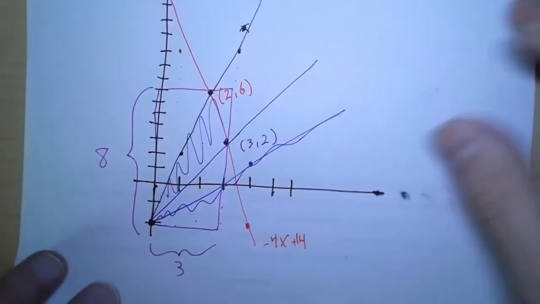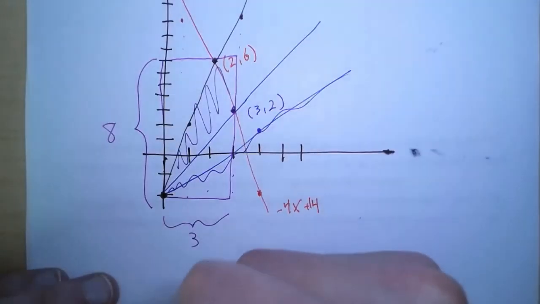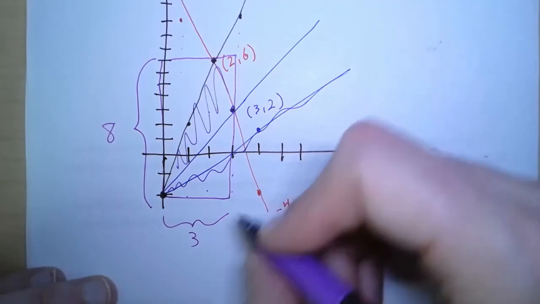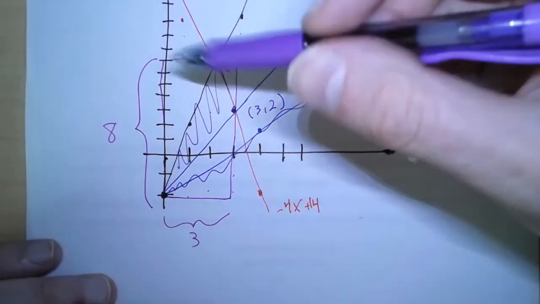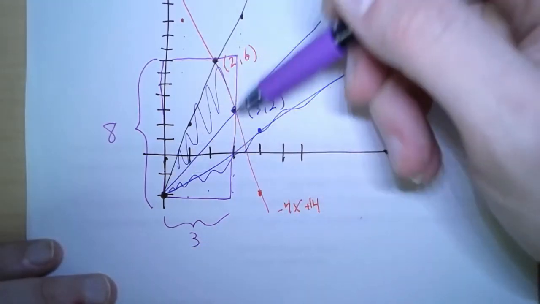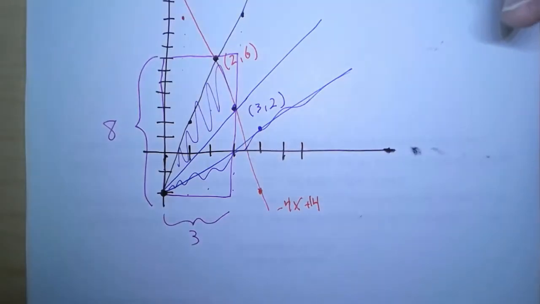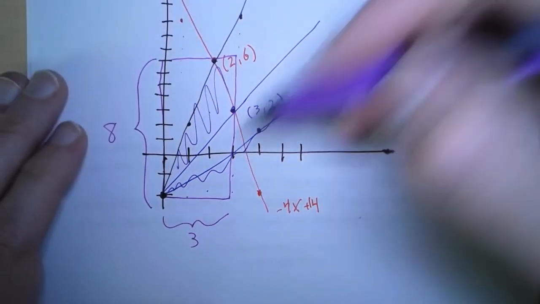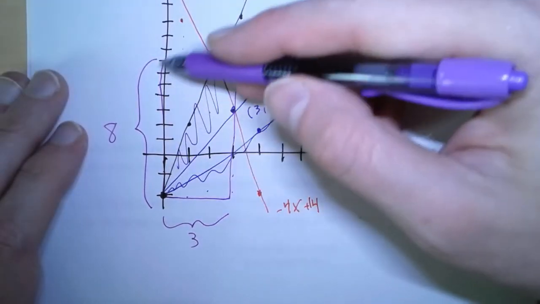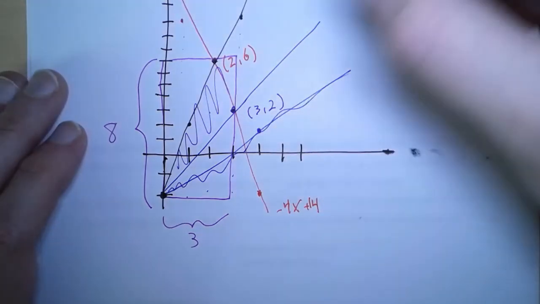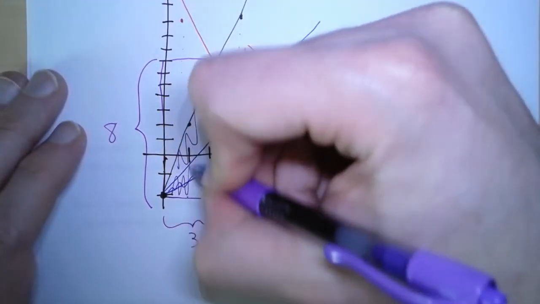So this box has a total area of 24. Now, within that box is this area that we want. Instead of finding the area directly, we're going to take away the area of the regions we don't want.